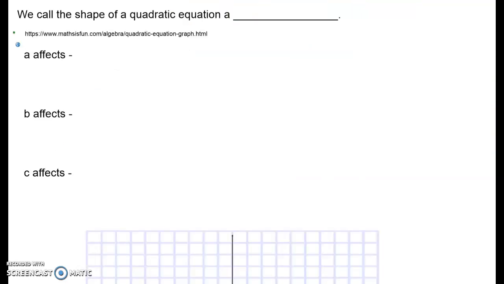So we're calling the shape of a quadratic equation a parabola. I would like you to follow this link, if possible, and experiment with the effects of the a, the b, and the c. Remember, standard form is this: ax squared plus bx plus c equals 0.